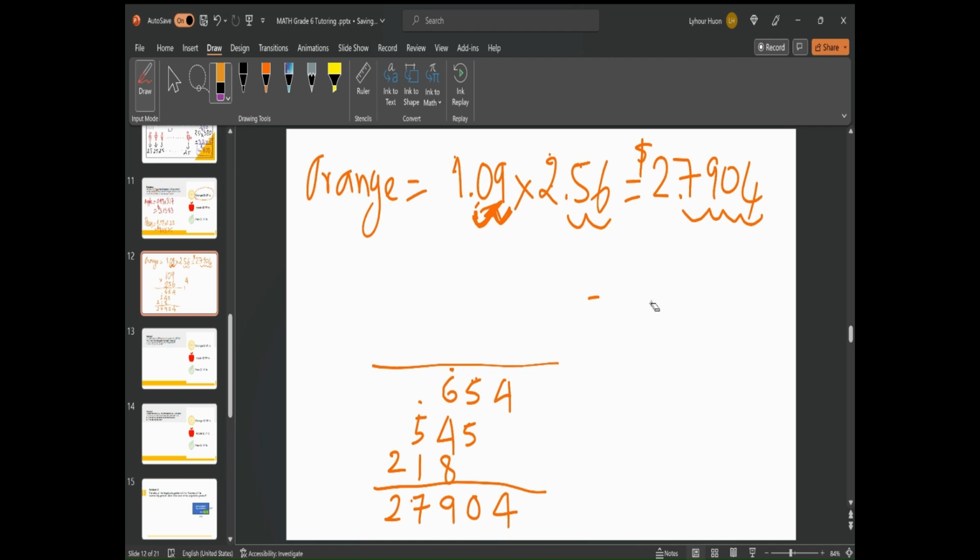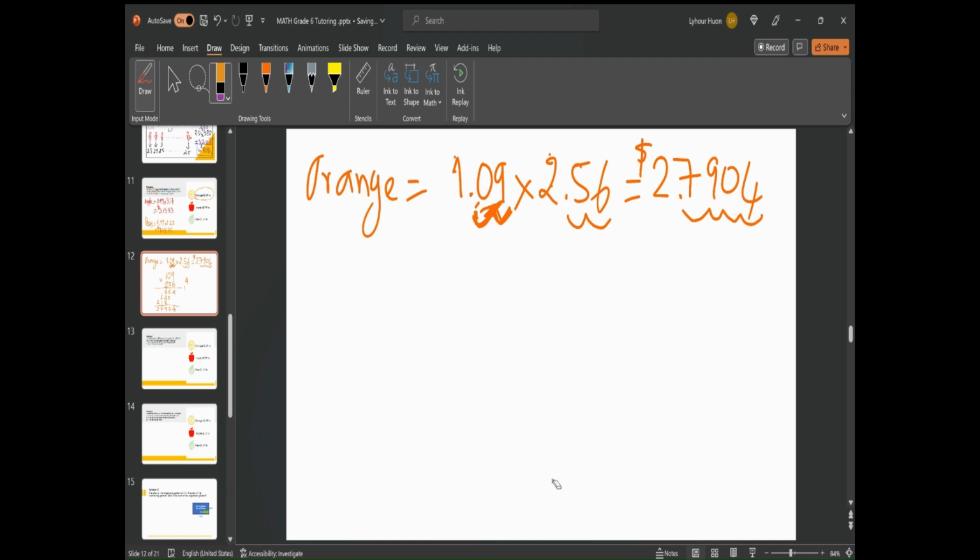Okay. So now we find the cost of each of the fruit, orange, apple, and pear. Can we find the total bill? Yes, we add them together, correct.